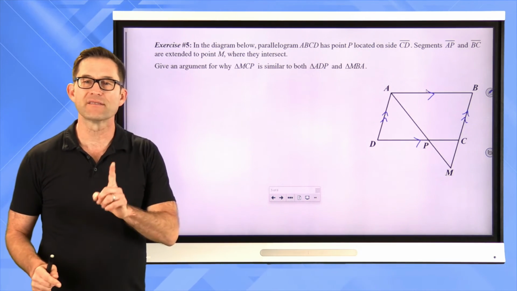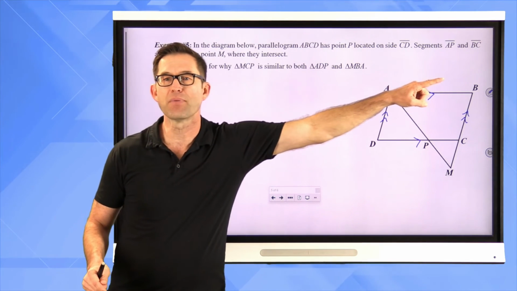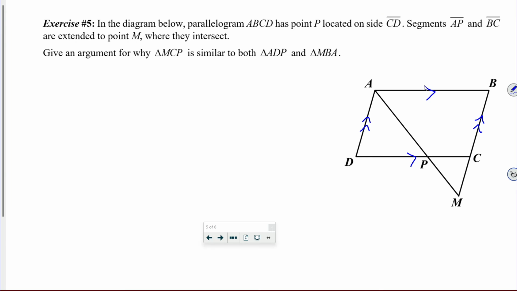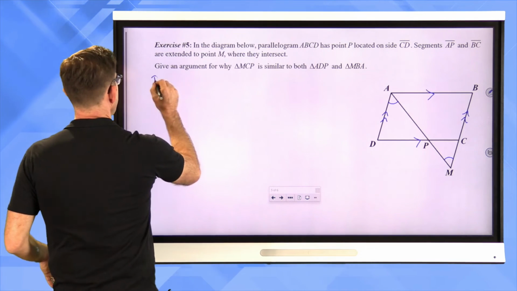And one thing that I can say for certain, right, is because AD is parallel to BM, I can definitely say that this angle and this angle are congruent because they are alternate interior angles. In fact, let me get that down, right?